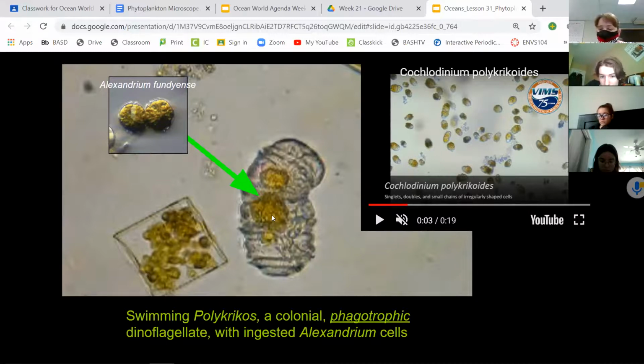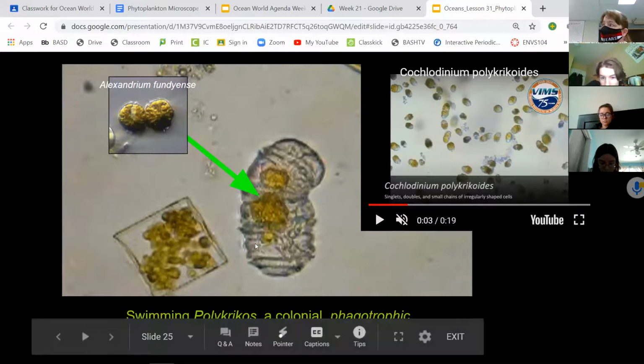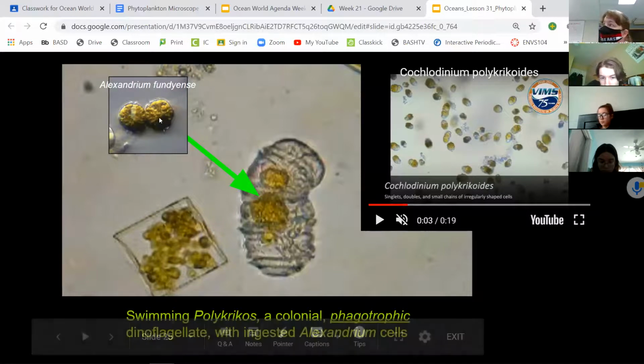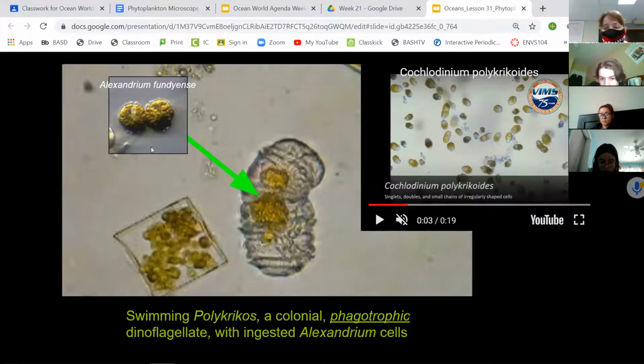And they believe that this is actually how eukaryotic organisms first formed, by ingesting these prokaryotic organisms and making them part of their body structure. So today, we still see this happening. And by doing that, they are able to create their own food through the ingestion of these cyanobacteria, these prokaryotic blue-green algae.